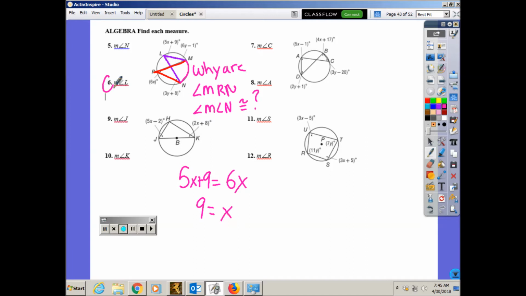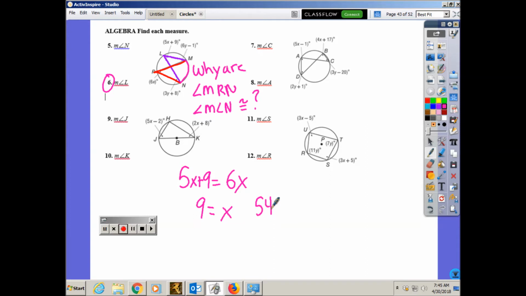Sorry, I did problem 6 first. They want the measure of angle 6, so the answer would be, plugging that back in, 9 times 5 is 45, plus 9 is 54.